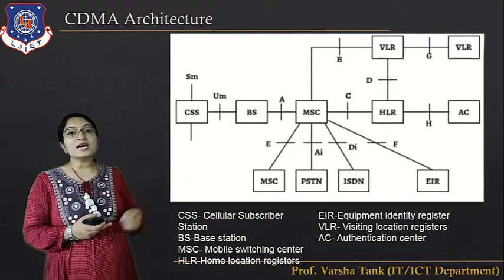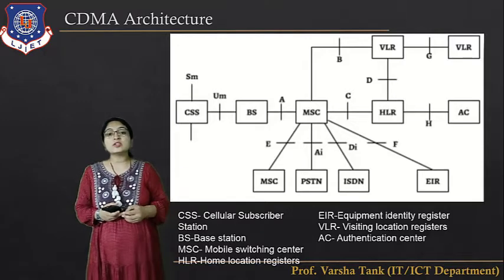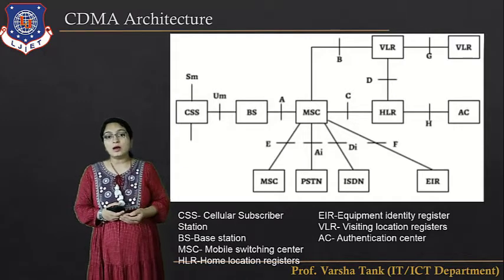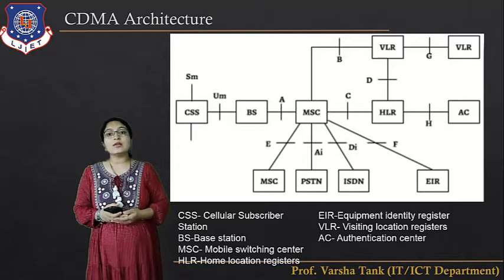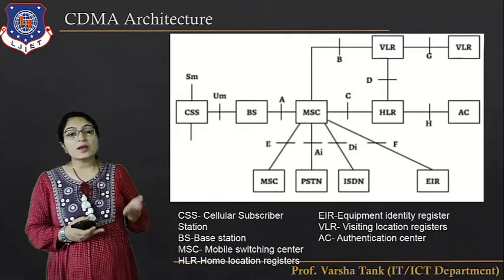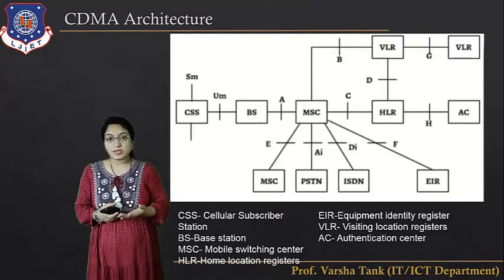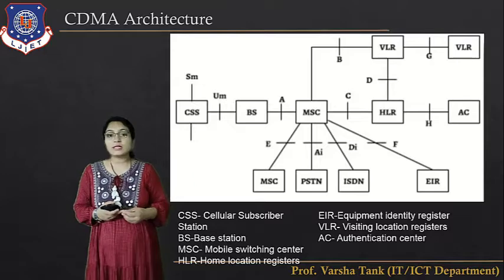Okay, and here the HLR and VLR are the two databases in which the information is stored regarding the mobile station, regarding the cellular subscriber station. Which type of services is there, and how the bill will be charged, all that information will be stored in the HLR.